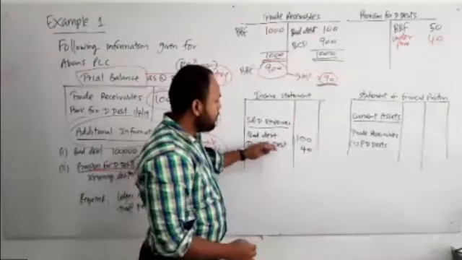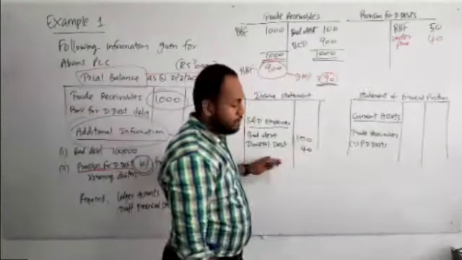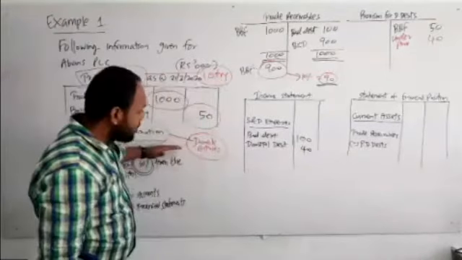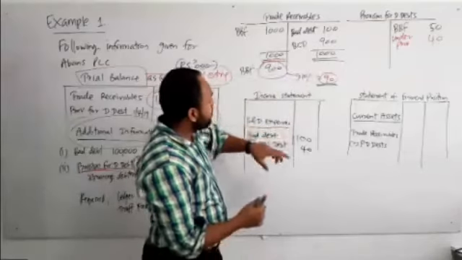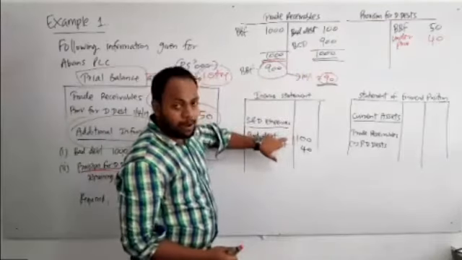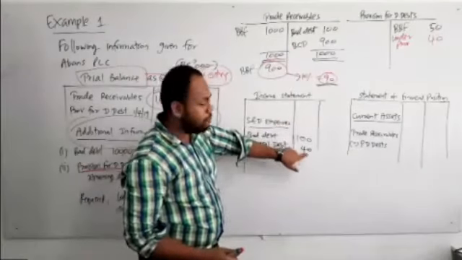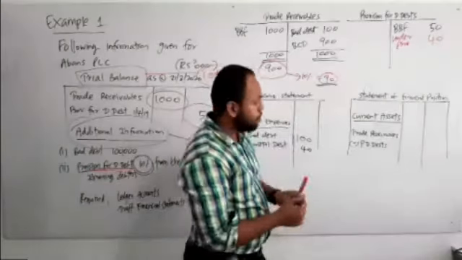So debit expense 40 and credit doubtful debt 40. That's it. Anything in the additional information we have recorded as double entry. Credit 900, credit 100, debit 100. And 40 is our under provision, debited to the expense and credited to the provision for doubtful debt account.